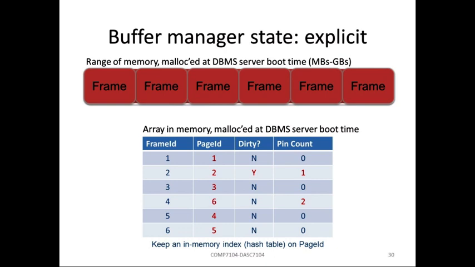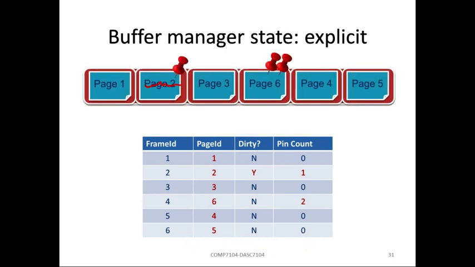Okay, so this will be a running example. And so this matrix corresponds now to this buffer zone indicated here. So you can see the pin count, and you can also see that only one page, page 2, is dirty. Okay, so let's continue with this example.